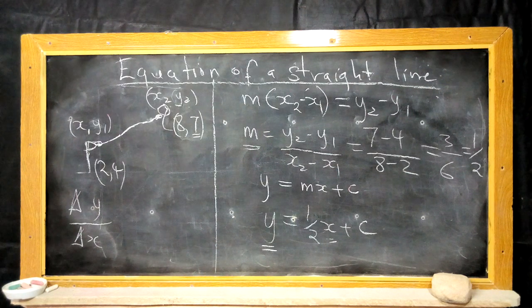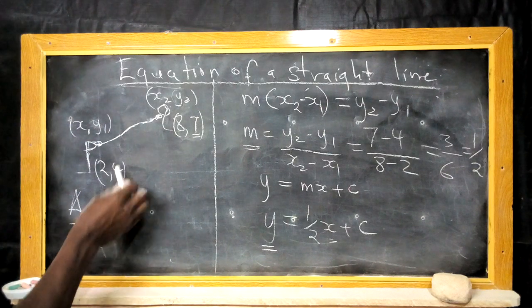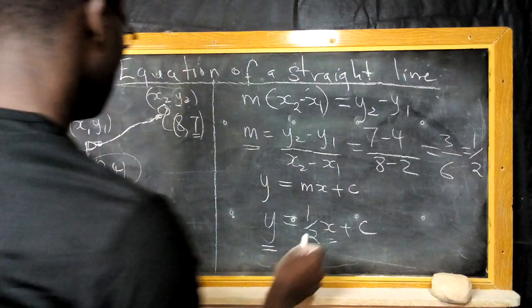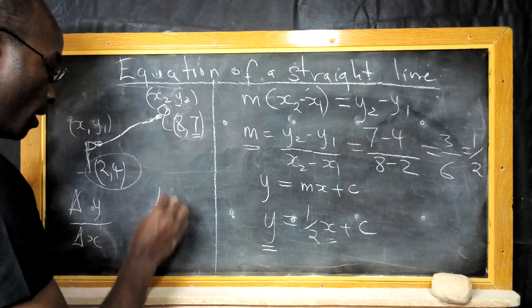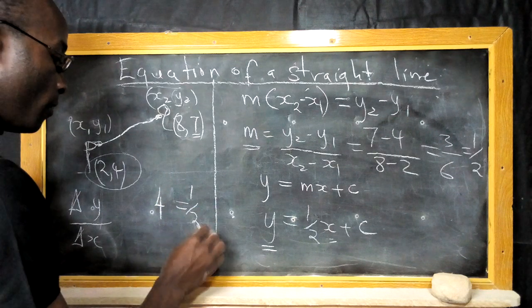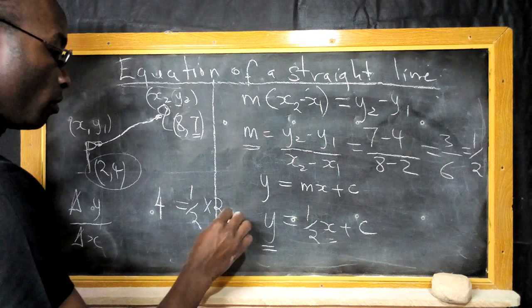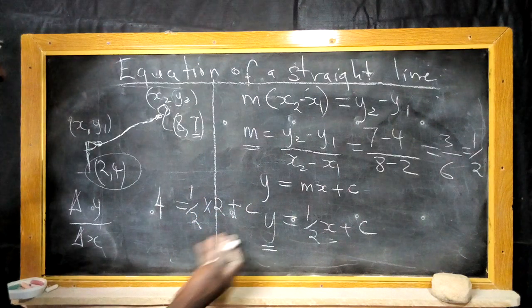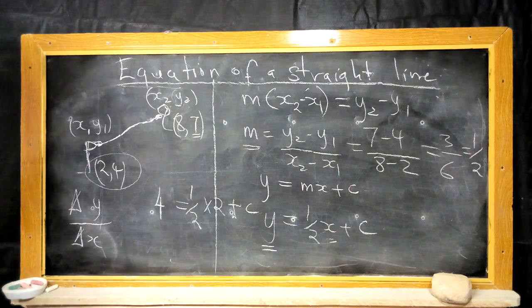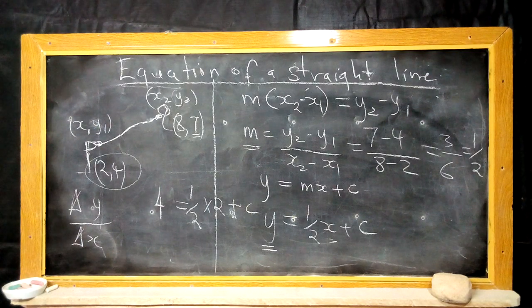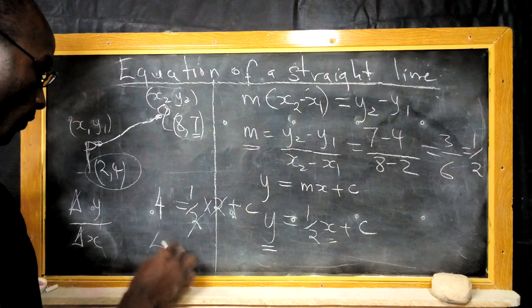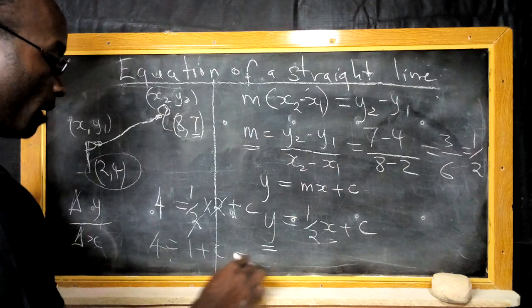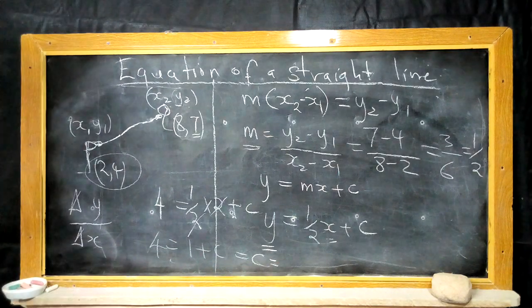In this case, we have 3 unknowns, but we can do a simple substitution. Suppose we take this point here for x and y, then in this expression we can say that 4 for y is equivalent to a half times x, which is 2, times 2 plus c. Since c is the unknown, we can find c. The half cancels with the 2, so this is 4 is equal to 1 plus c, implying c is equal to 3.